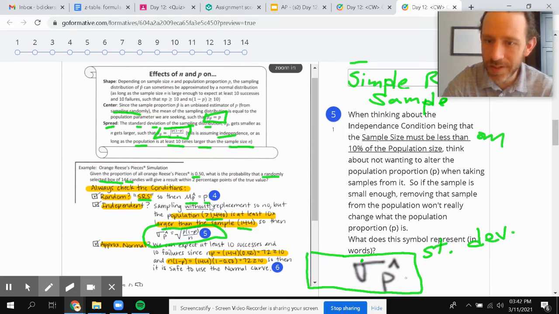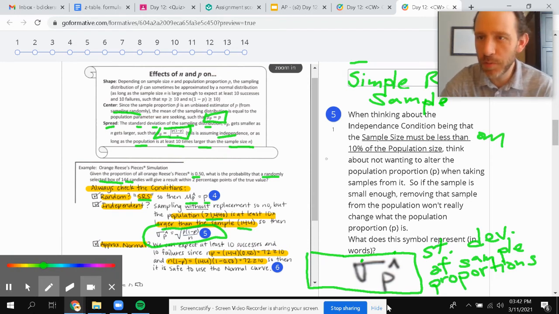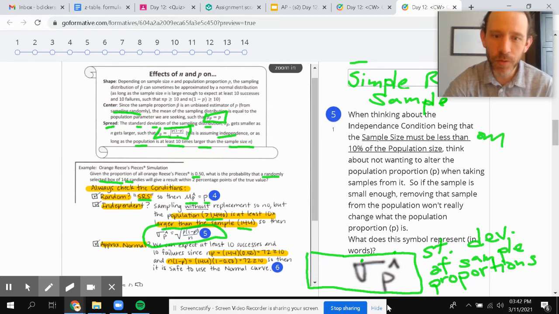And then this part, it's the standard deviation of the sample proportions. So we want to be able to read that symbol and know that if the sample size is smaller than 10% of your population, you can use this formula to figure out what the standard deviation is.